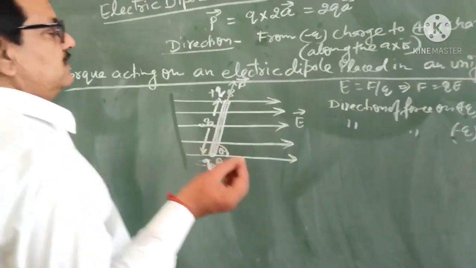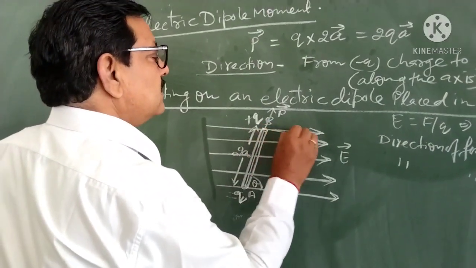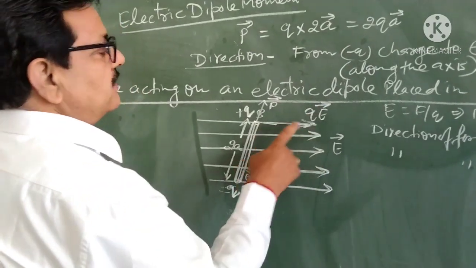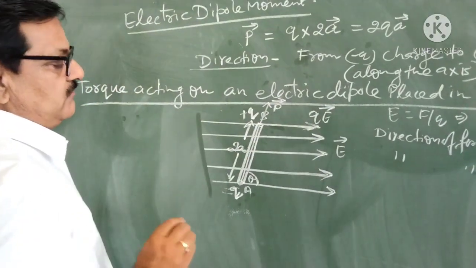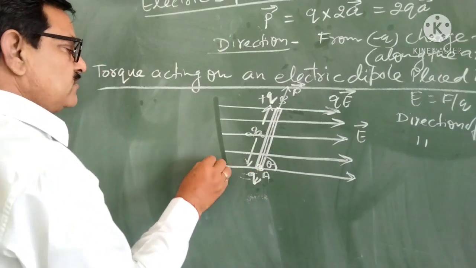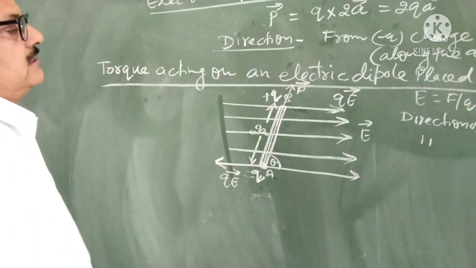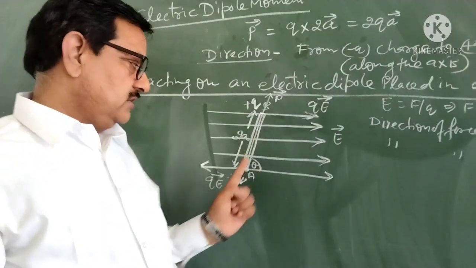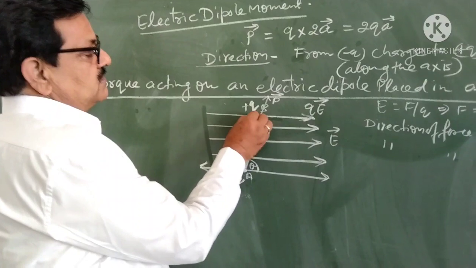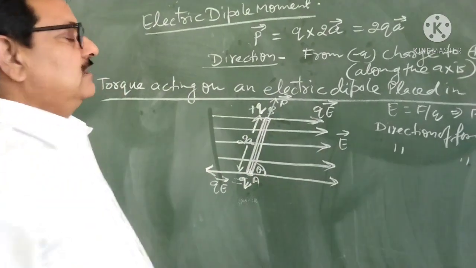You should remember always that plus q charge पर फोर्स फील्ड के डायरेक्शन में act करेगा, magnitude qE. और माइनस q पर just opposite to the direction of field. मैग्नीट्यूड यहाँ भी वही है qE, but direction just opposite. इन दोनों फोर्स के डायरेक्शन just opposite to each other हैं. इनके line of action अगर मार्क करने हो तो ये line of action होगा दोनों फोर्सेस.